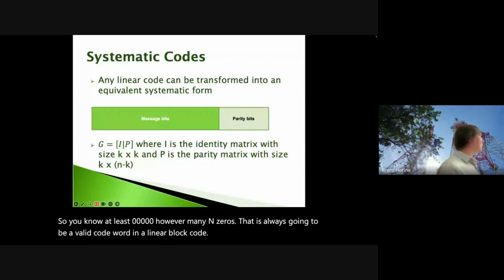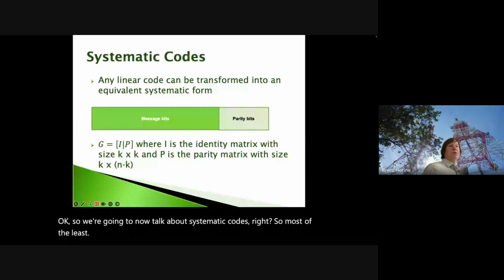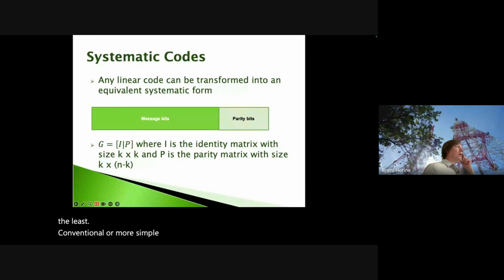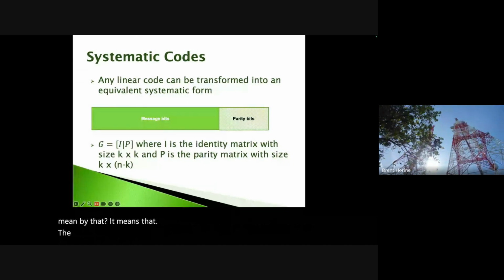Okay, so we're going to now talk about systematic codes. Most of the conventional or more simple block codes are systematic. What do we mean by that? It means that the message bits are present in the code word, in some block, and typically at the beginning.